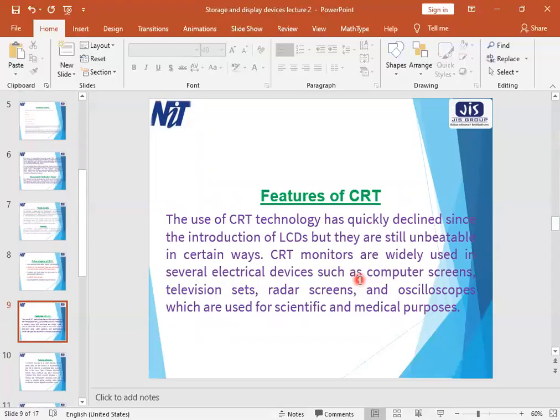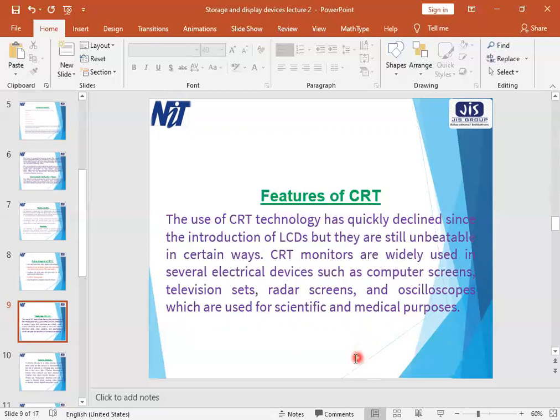Features of CRT. Some very important features of CRT. The use of CRT technology has quickly declined since the introduction of LCDs. LCDs were developed in the 1960s. In July 1964, the prototype of the first LCD was shown. Commercially it became available in the late 60s.